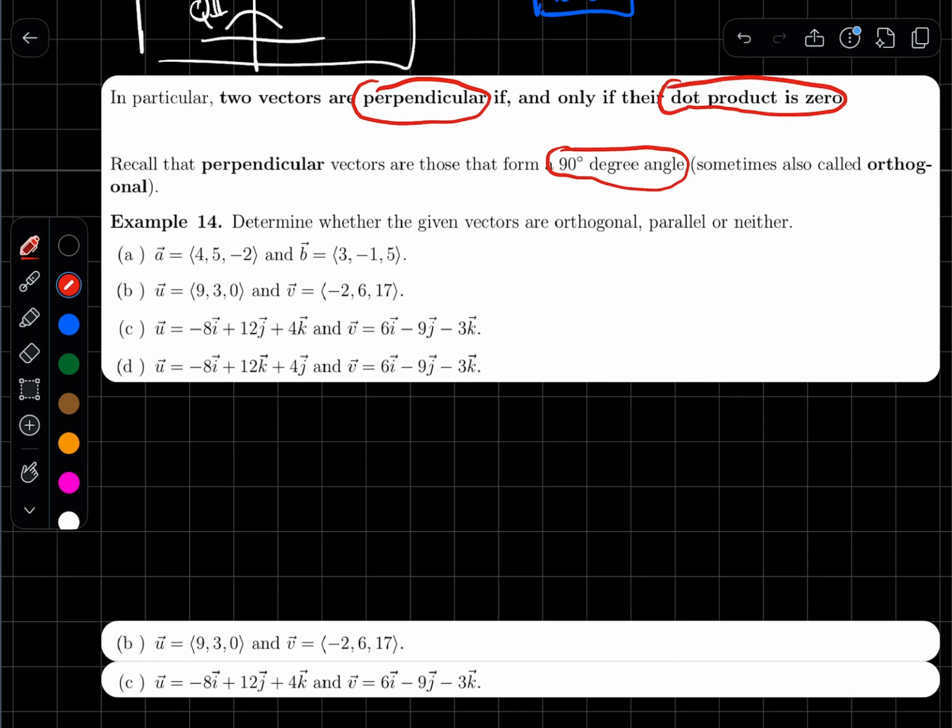And the opposite is also true. If the dot product is 0, then the 2 vectors are perpendicular. Right? This is also called orthogonal. So this is a word you're going to see at times. Don't be scared. If you see that word, it just means perpendicular, also means 90 degrees.